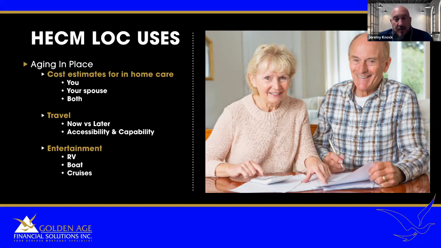That lending cap is $1,089,300 today. So that means whatever the value of your house is, if you want an FHA insured reverse line of credit, a HECM line of credit, the maximum value that they'll use is $1,089,300. The remaining equity is still there, but they base all the percentages of accessibility on that $1,089,000. So let's say you could qualify for, let's just use the number 30%.